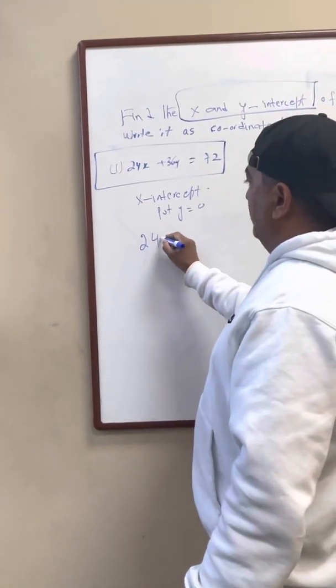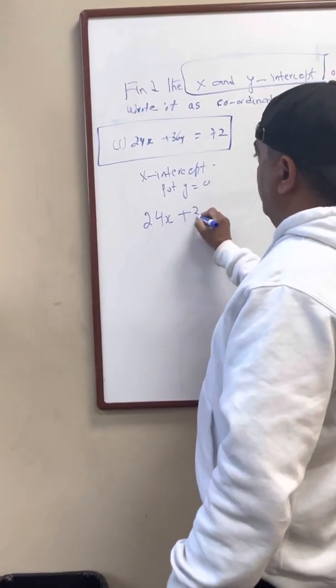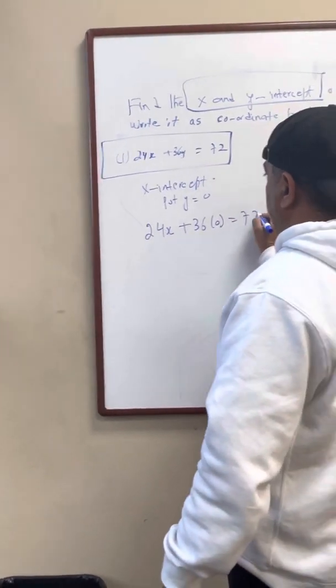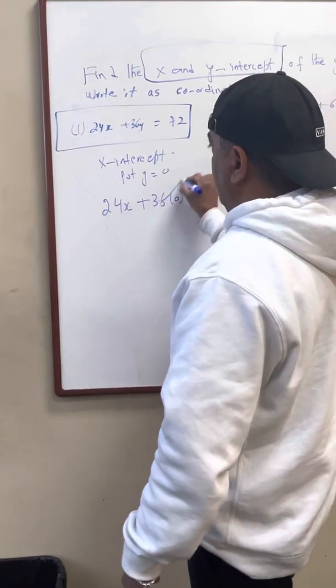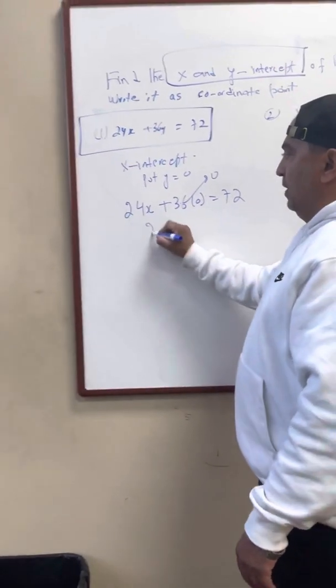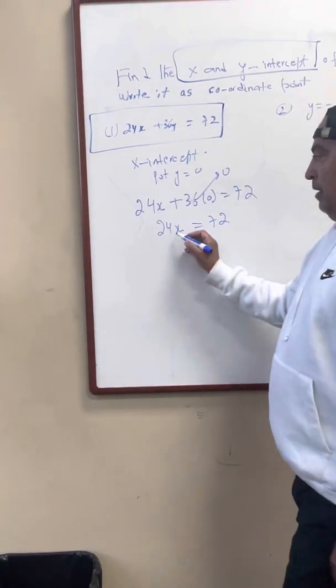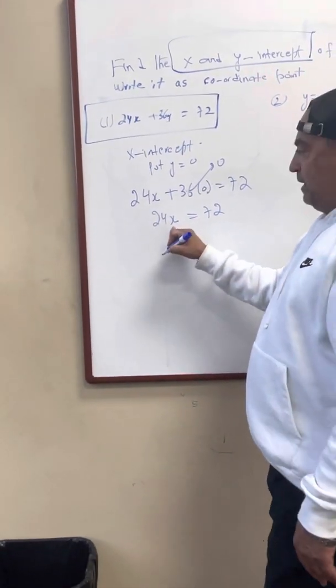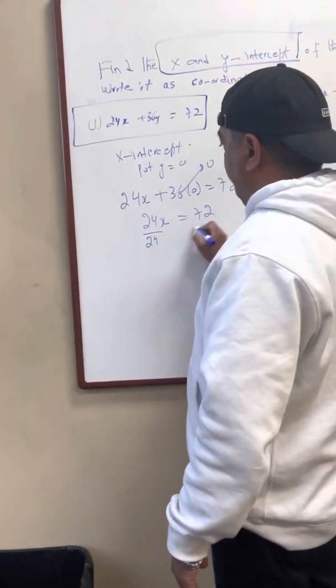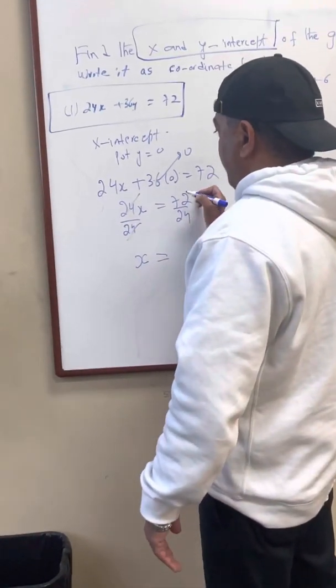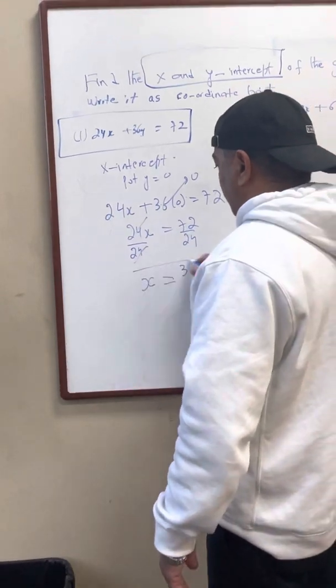So my equation will be 24x plus 36 times 0 is equal to 72. 36 times 0 is 0, so this gives you 24x is 72. Then, to find the value of x, we divide by 24 on both sides. 24 cancels out, and 72 divided by 24 gives you 3.